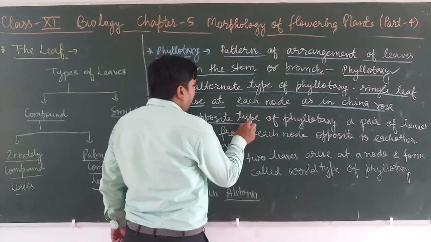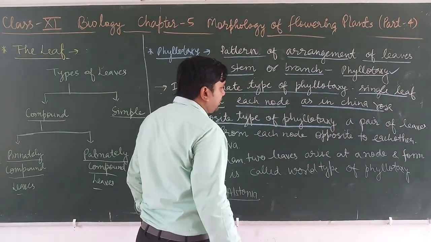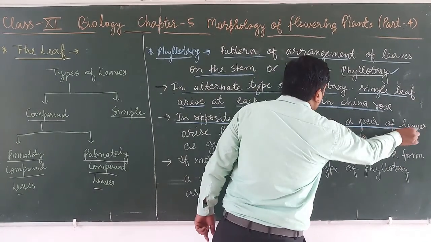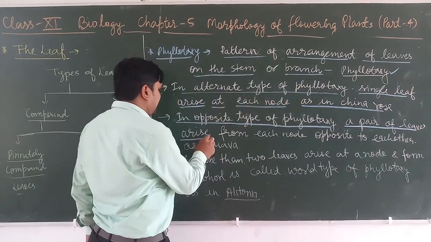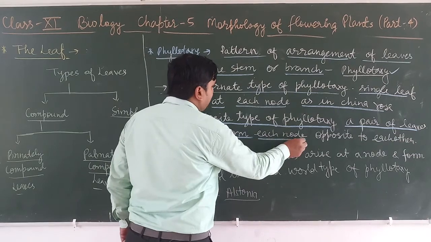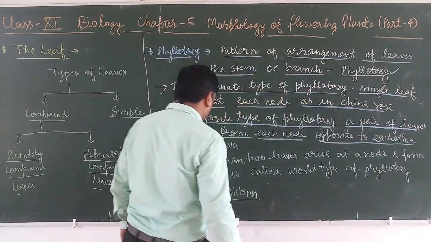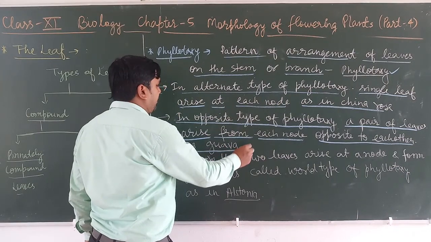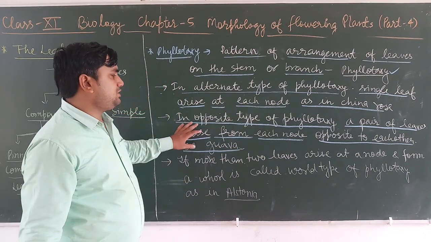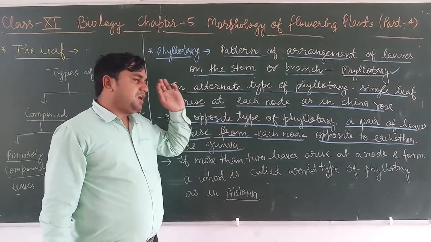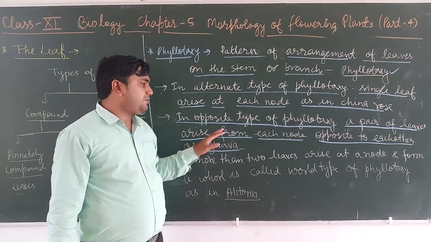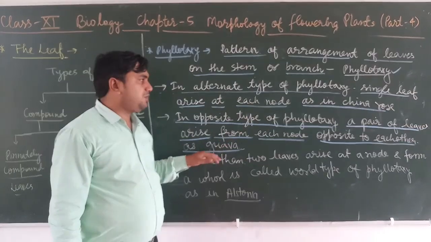And in opposite type of phyllotaxy, a pair of leaves arise from each node opposite to each other, as in guava. Opposite type of phyllotaxy, a pair of leaves arise from each node opposite to each other, for example in the guava.